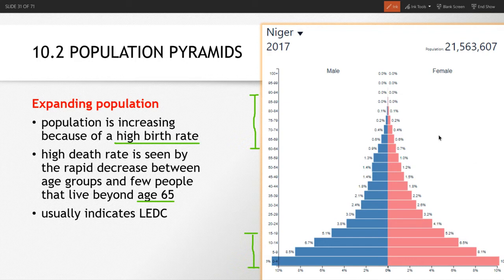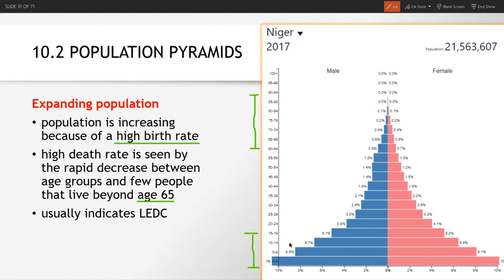So, depending on the shape of this triangular pyramid shaped graph, it could indicate that a population is either expanding or growing quickly, or maybe it's showing a stationary population, which would match with the first stage of demographic transition. So this graph would probably be a little closer to the stationary side of things.